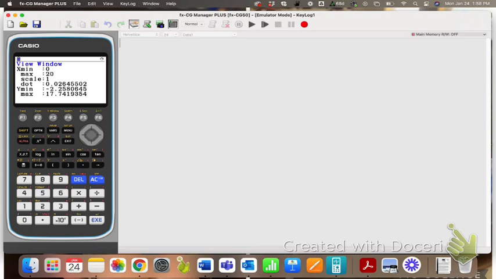So I'll make that 20. Now I can do G-solve again, and ycal, I want to know when x equals 15. And that tells me the height is 6.5 feet off the ground. You can also see from looking at that point that you are moving up at that time.